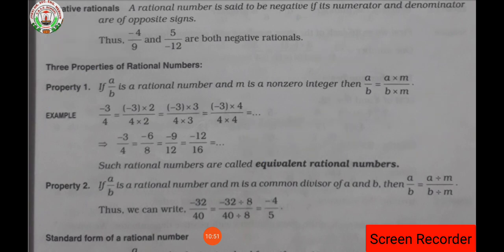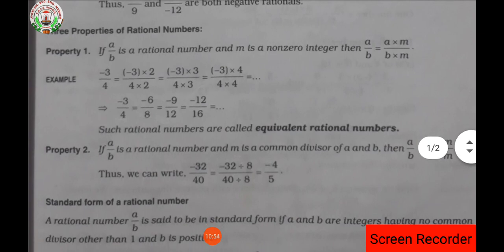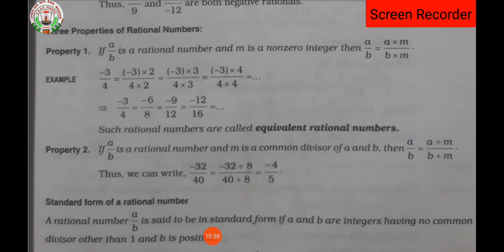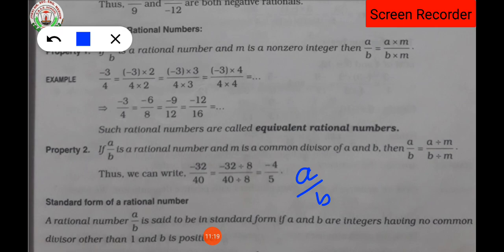Next property, property number 2. In this property it is said that if A upon B is a rational number and M comes from outside and gets divided with the rational number A by B, then whatever result we are getting, what will that result be?